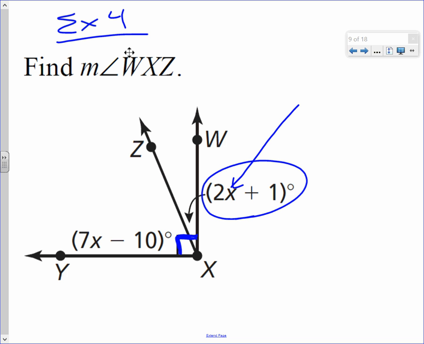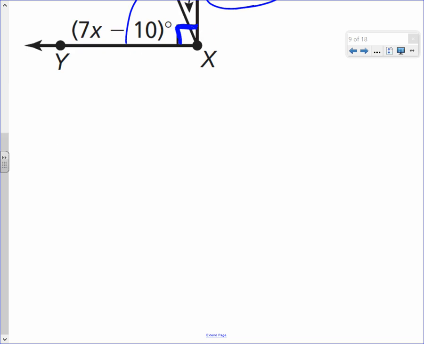The big angle equals the two small angles. The big angle, WXY, will equal this small angle plus this small angle added up. There's our equation that we'll use to solve for x. Watch this.